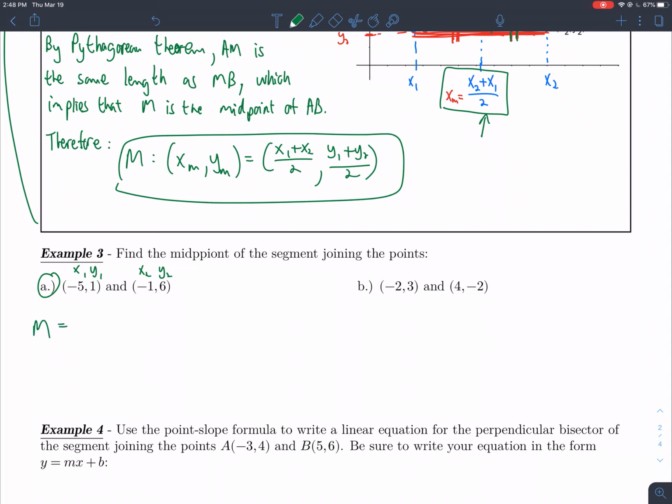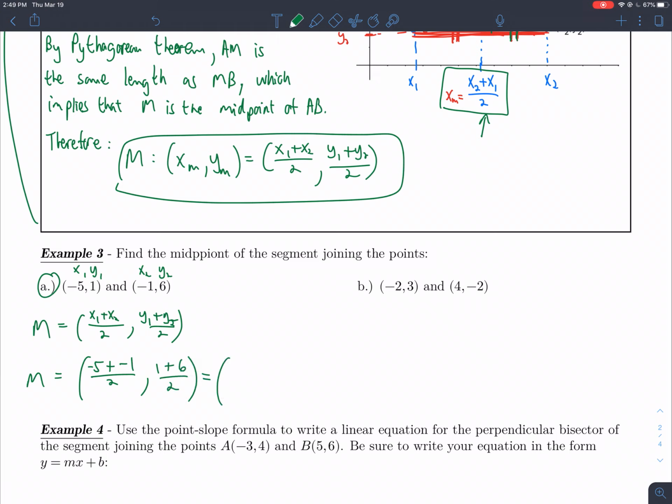The midpoint is, okay, and we just write, maybe you should copy down the formula, just since we're reviewing, (x1 plus x2) over 2, (y1 plus y2) over 2. And then you plug in things. So x1 is negative 5 plus x2 is negative 1 over 2, comma, y1 is 1 plus y2 is 6 over 2.